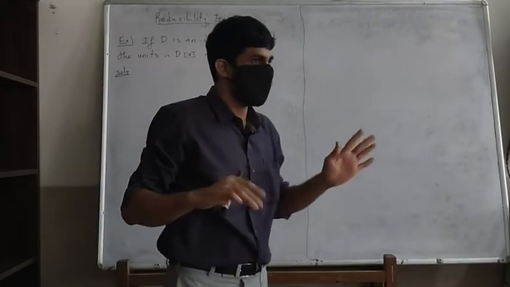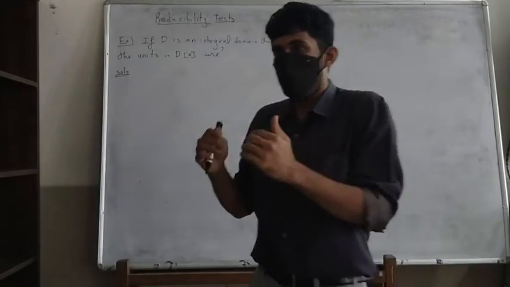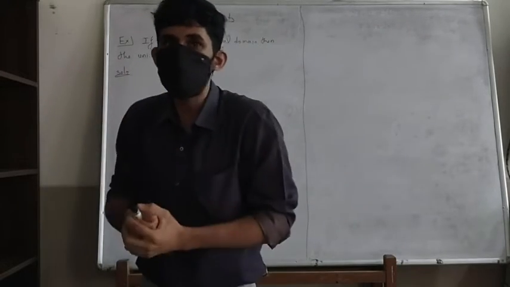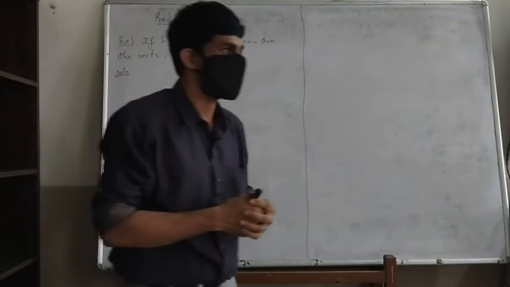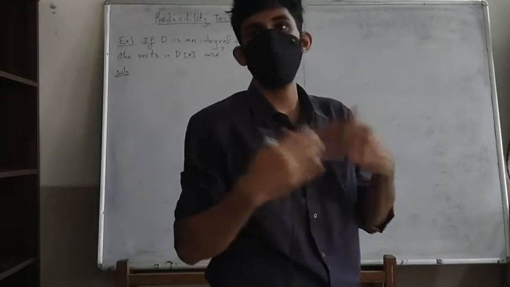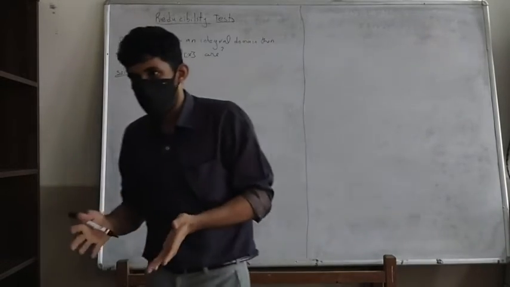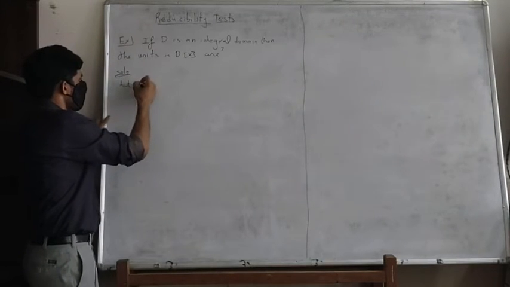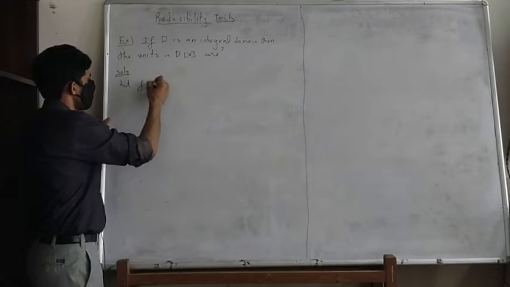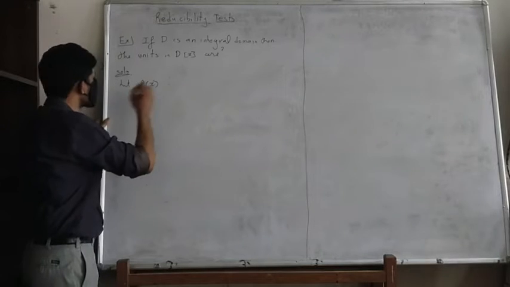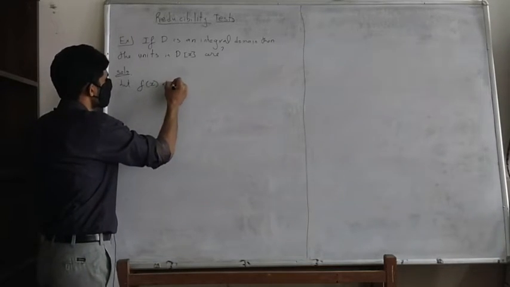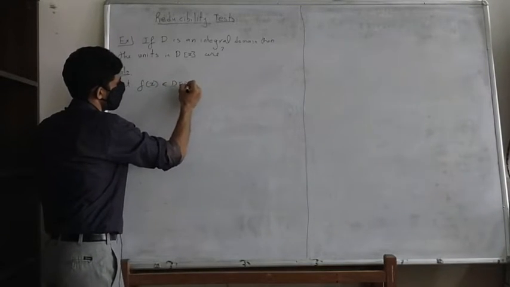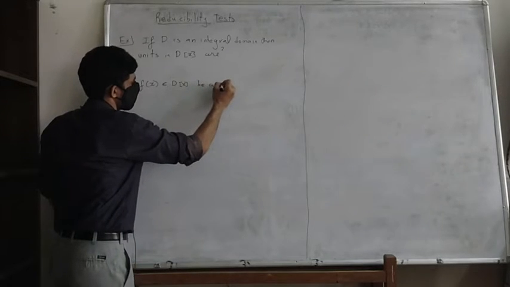Polynomials, right? So let's ask ourselves, if you have a polynomial of degree greater than or equal to 1, what happens? Let f(x) in D[x] be a unit.